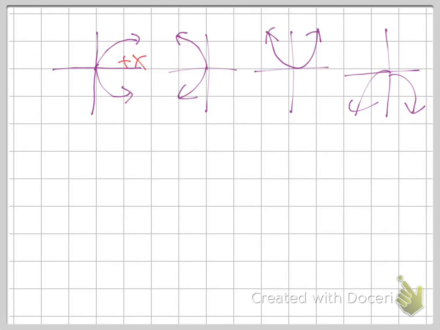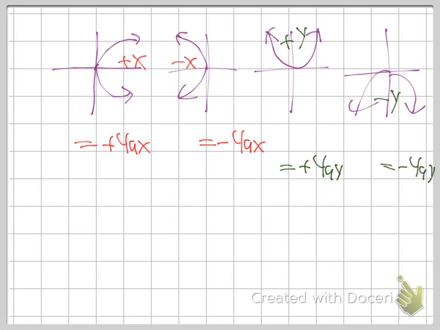So if it's going to the right, plus x, that means it's plus 4ax on the right side. If it's going to the left, negative x, that means it's minus 4ax. If it's going up, positive y direction, that means it's positive 4ay. And if it's going down, minus y, that means it's minus 4ay on the right side.